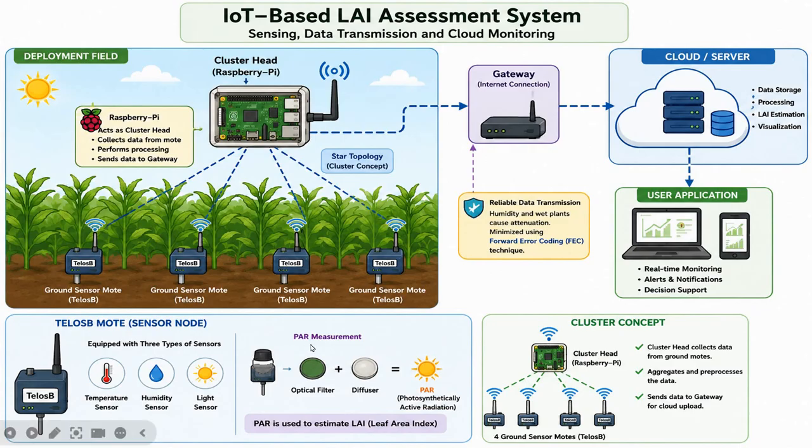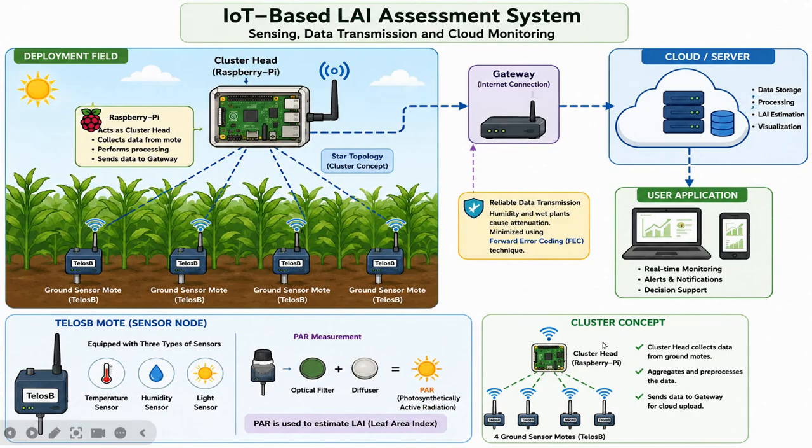To accurately determine the PAR, that is the photosynthetically active radiation, an optical filter and a diffuser are attached to the light sensor. The PAR represents a portion of the sunlight used by the plants for photosynthesis, and it is an important parameter for estimating the leaf area index.